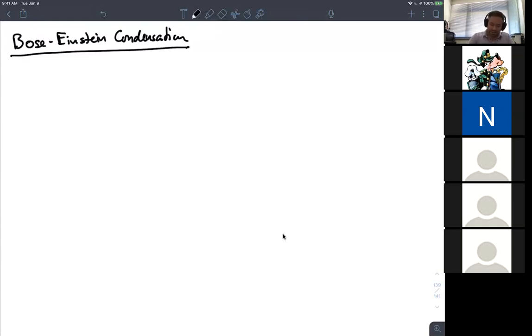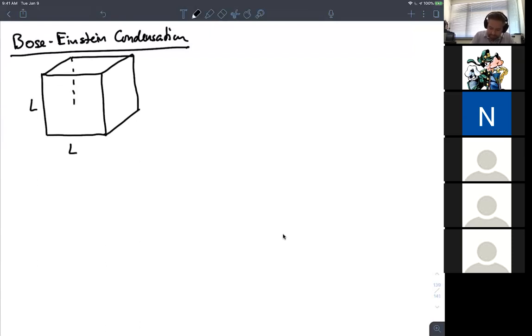All right, so again, we're going to do exactly the same problem we did on Wednesday. We have a box of dimensions big L, which specifies a volume V, which is big L cubed.